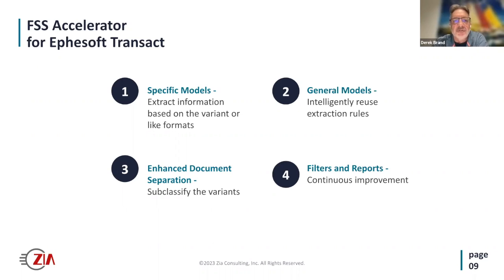So we'll build a specific model for a particular supplier's invoice. And the first thing we do is we find data that always appears on the first page of their document. So something specific to that particular supplier, something specific to the document type, because a credit note might look very similar to an invoice, and something specific to the first page.